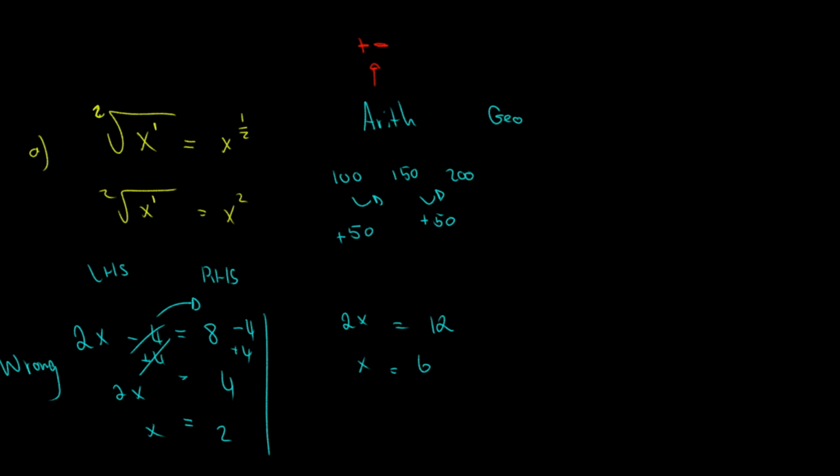For geometric, let's say we have 2, we have 4, we have 8, we have 16. So this would be a common multiplication of 2. So for geometric sequences, well, you can just assign an addition or subtraction, but sometimes there's a little tricky one.